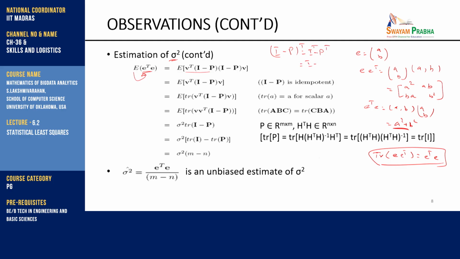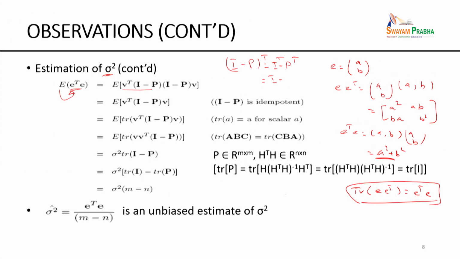I transpose is I, and P is an orthogonal projection matrix in this particular case. Why? Because I have assumed R is sigma square I, and we have already seen in this special case that the oblique projection becomes orthogonal projection. The orthogonal projection matrix is symmetric. So I minus P transpose is I minus P, because both P and I are symmetric matrices.